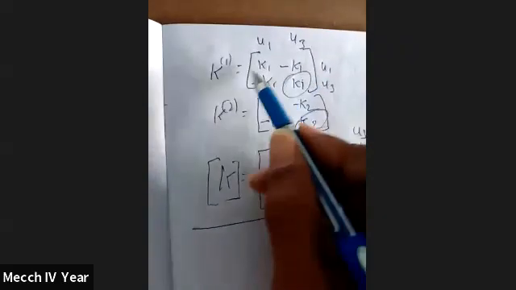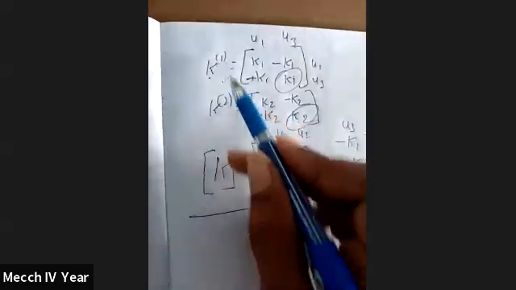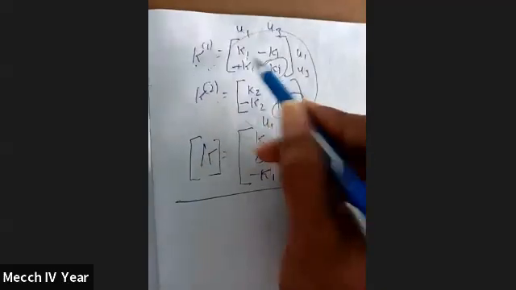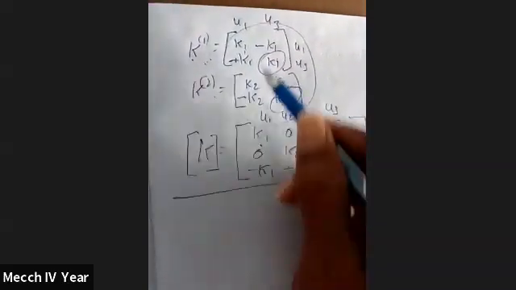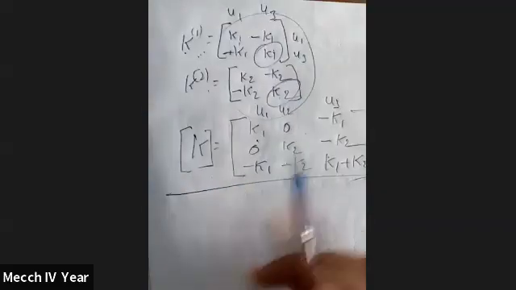In the previous, I am going to take this equation. Now I form only the stiffness matrix. I take only the stiffness matrix of element 1 and element 2, both, and combine the stiffness matrix here. What happened? K1, K1 as this. In the first element we have 0 here, so I put 0.